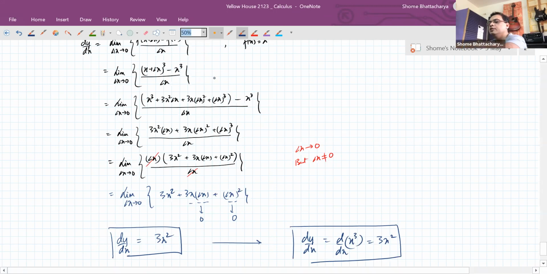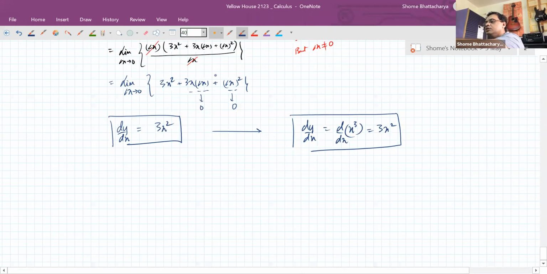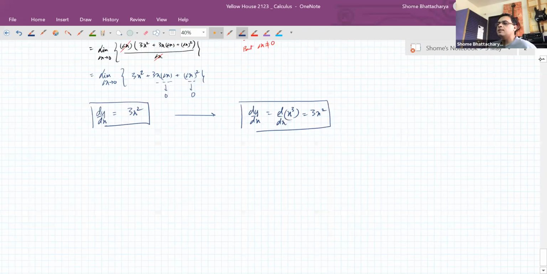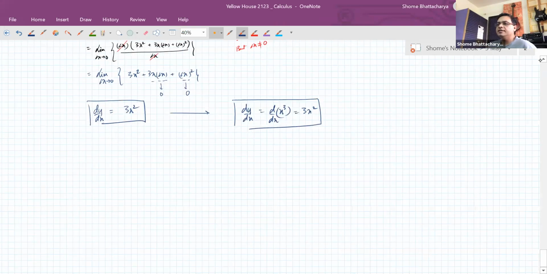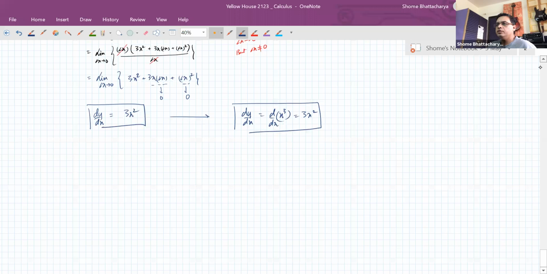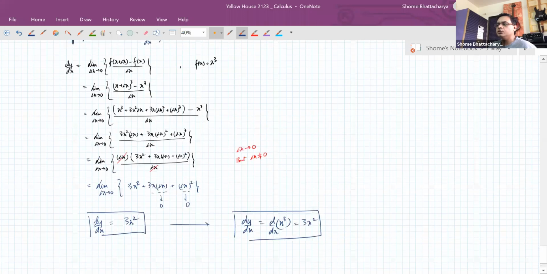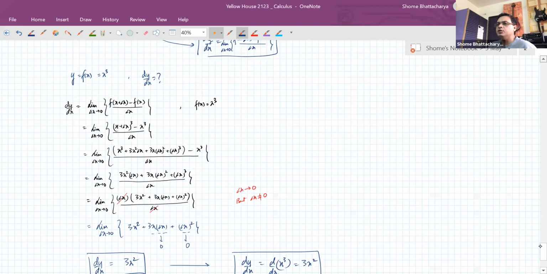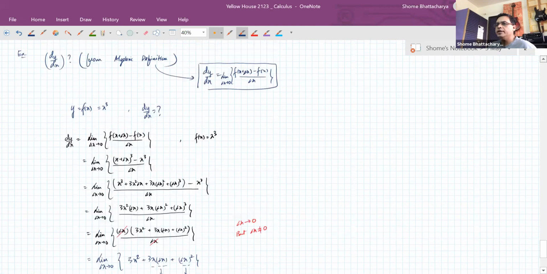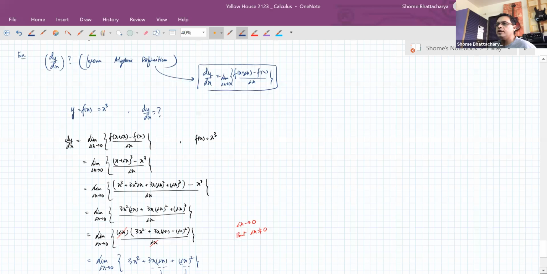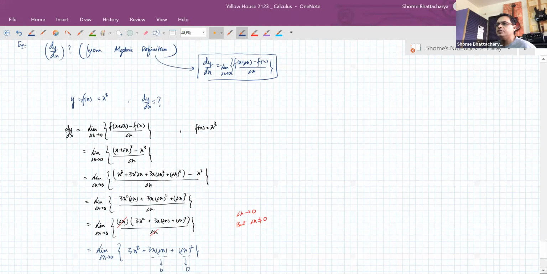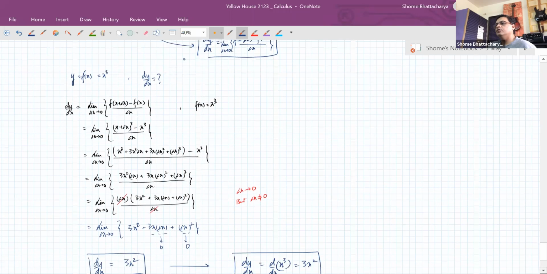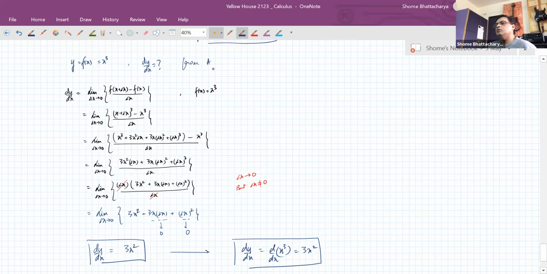Okay, so more about the interpretation of this I'm coming to, but first just go through this stepwise process. I know it will seem very lengthy in the beginning, but we will develop shortcut methods in this also. The first important thing is the concept. So for the given function y is equal to x cube, how am I going to get the value of dy by dx by algebraic definition?